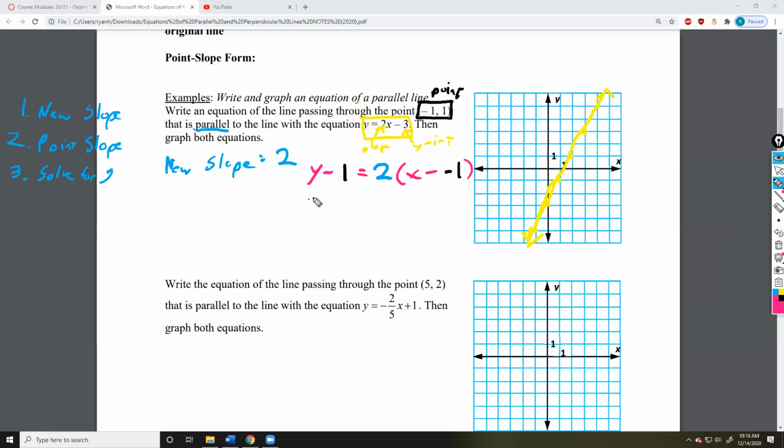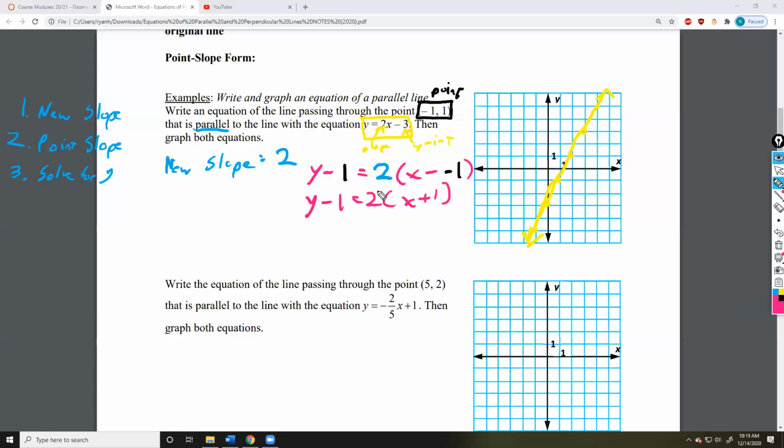So that means our point slope form here is y minus 1 equals 2 times x, and then minus the negative is going to be plus 1. So we got our new slope here, there's our point slope form. Now we just need to solve for y to get our new equation of the line.